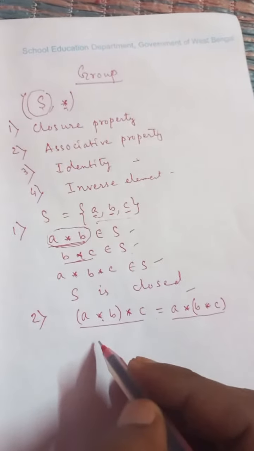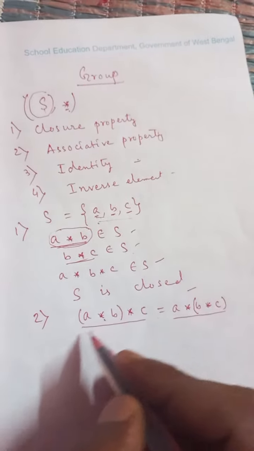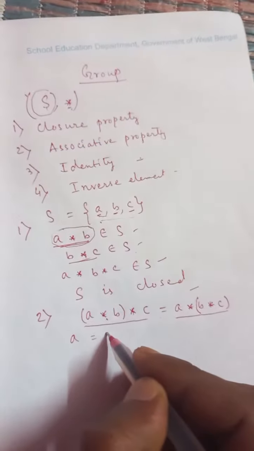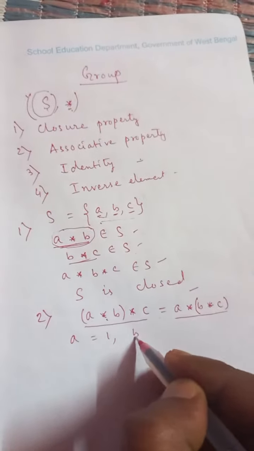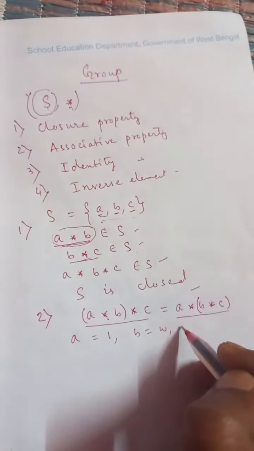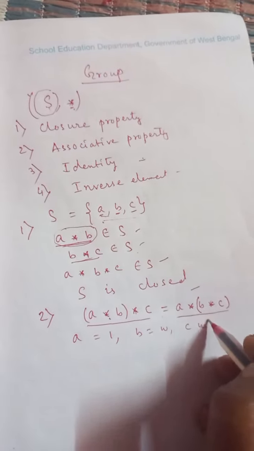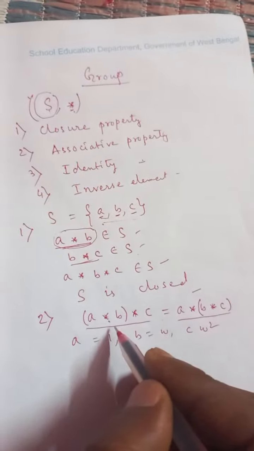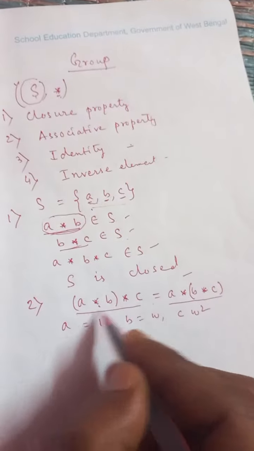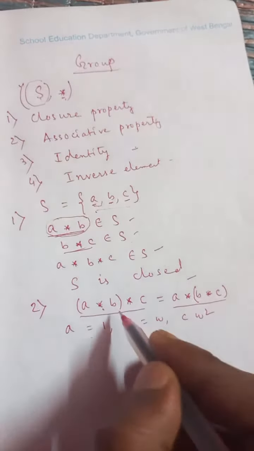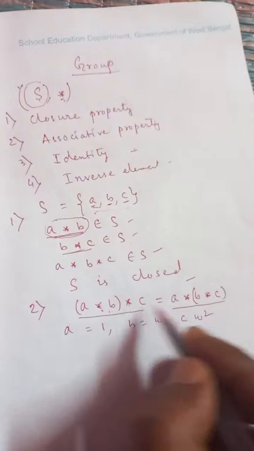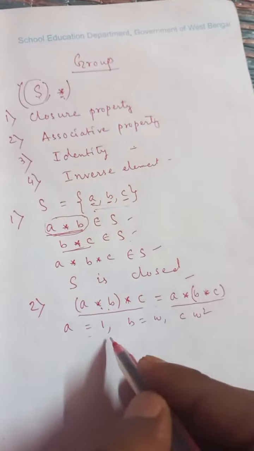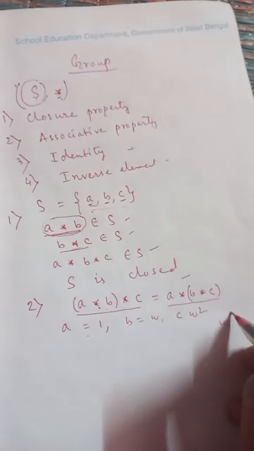So if we take a equal to 1, b equal to omega, and c equal to omega square, these three elements satisfy the left side and right side both, because we know that omega cube is equal to 1.